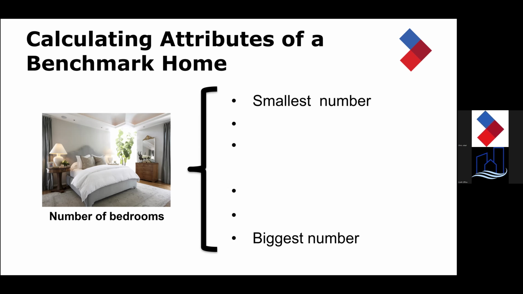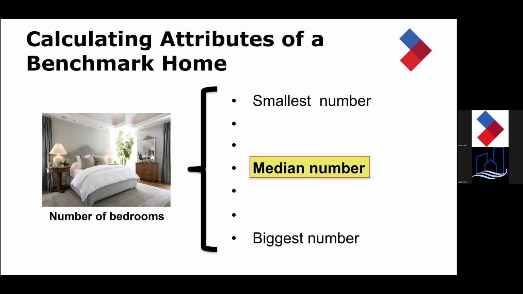And finally, we pick the one that lands right in the middle of them. And this is called the median. And that would be the number of bedrooms for the benchmark home. So a benchmark home is referred to as middle of the road because it's constructed from attributes that fall in the middle of the range of all of these home sales.